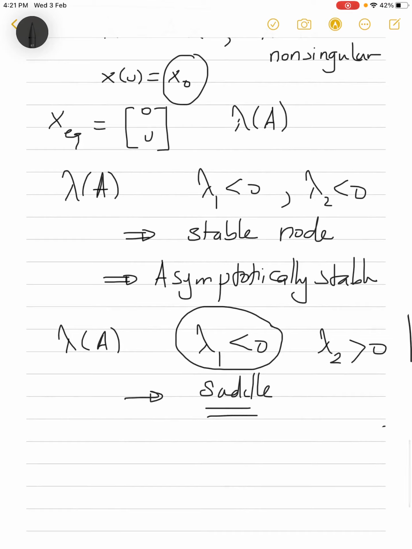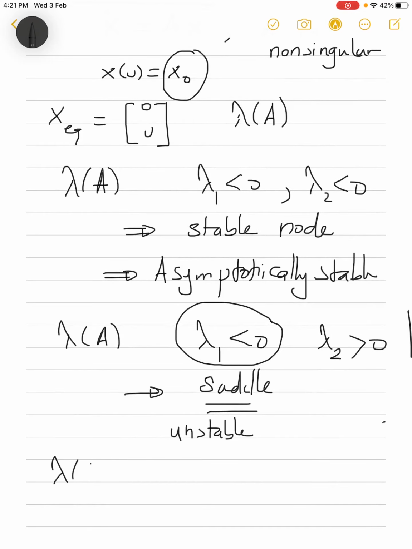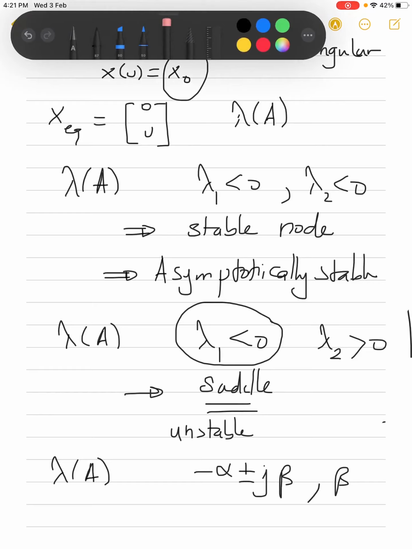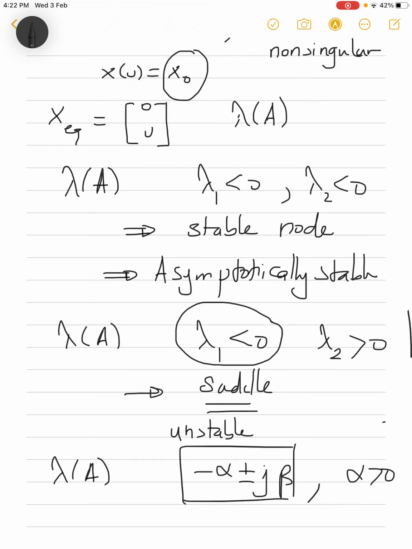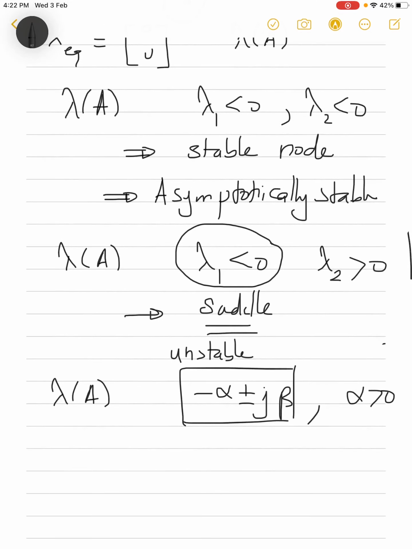If we consider the eigenvalues of A, where we have minus alpha plus or minus j beta, where alpha is a positive number in this case, that means we are in the stable region, and what we get is a stable focus, and we again will get an asymptotically stable system.